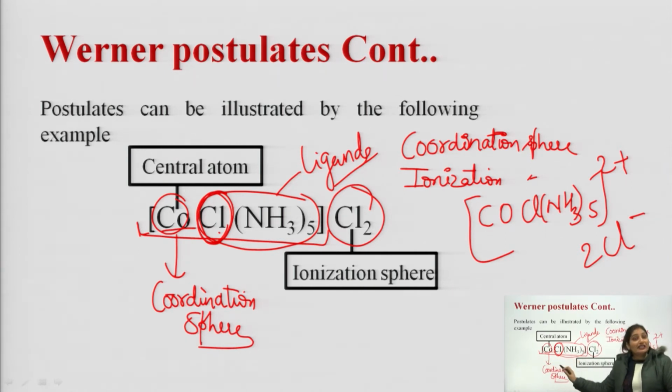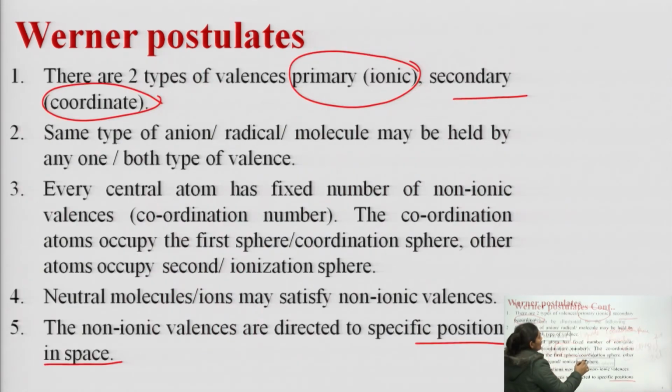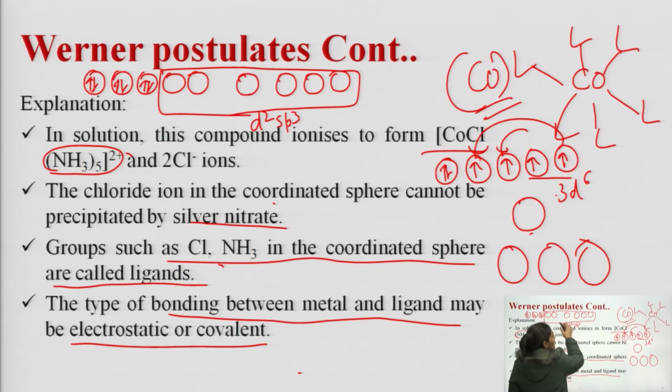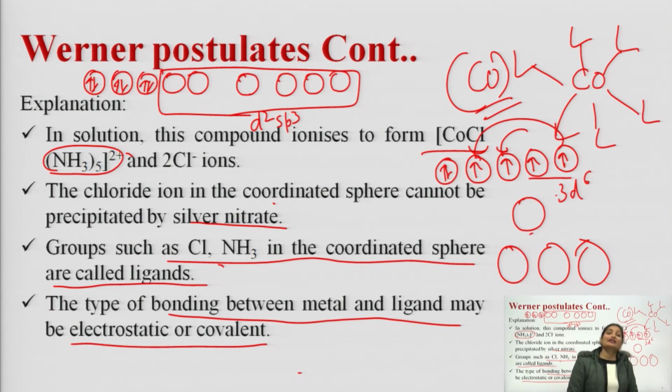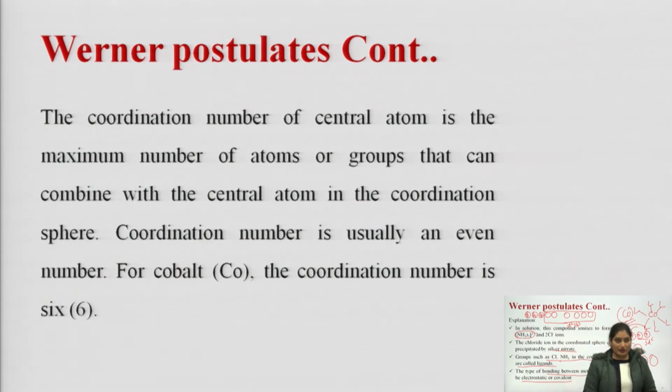So, the coordination number of cobalt is 6 and why is it so? This is because of this hybridization. This is due to the octahedral rearrangement of the cobalt.